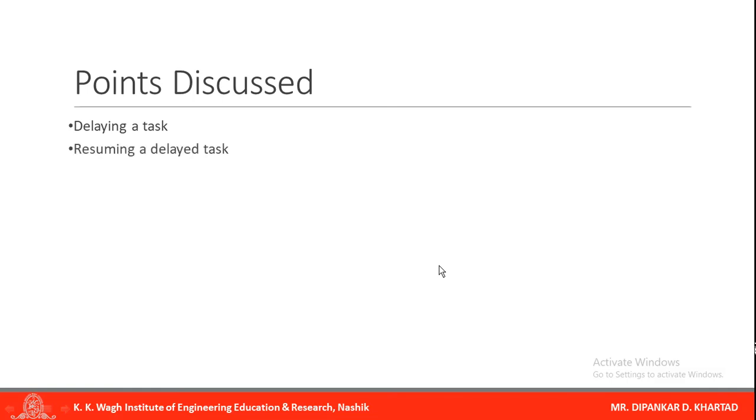Next, we have covered the point related to resuming a delayed task, meaning one task is delayed and you want to resume it. That is also covered. And next is system time getting and setting.